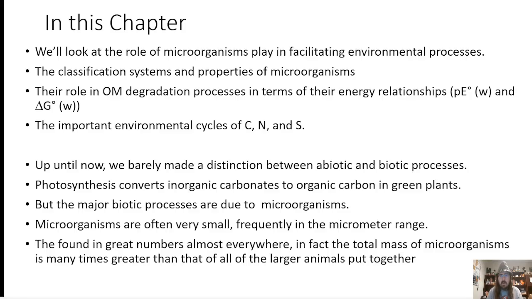But up until now, we haven't really distinguished between abiotic and biotic processes, like carbon dioxide getting trapped as carbonates and whatnot. We haven't really looked at where the source of carbon is coming from and how degradation of organic matter can be both a natural process by weathering and also a process that's brought about by microbes.